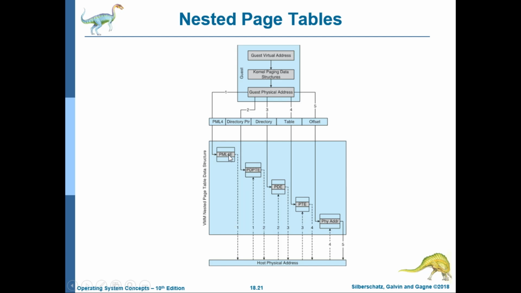As you can see, the L4E will be situated here, and then this will be used by the PDPTE, and after adding the PDPTE, it will be used by the PDE, and this PDE is already a combination of PML4E, PDPTE, and PDE. Then this PDE will be used by the PTE, which adds the page table entry, and you store it in the host physical address, plus the physical address itself, and then number 5, we have the offset. So it will complete the physical address.